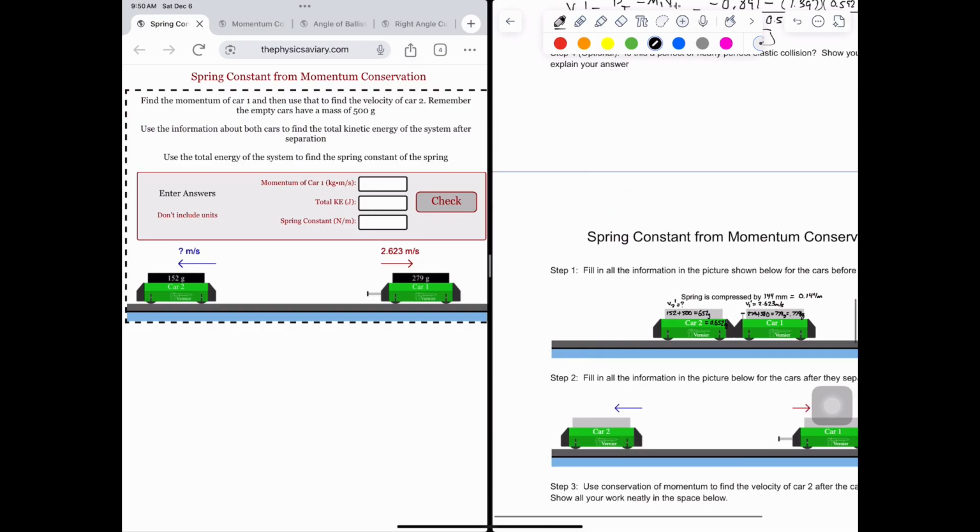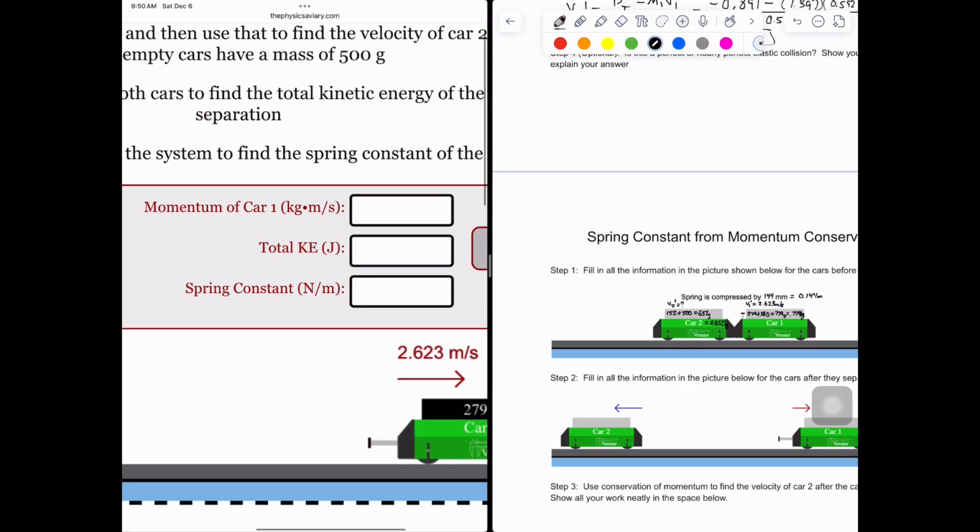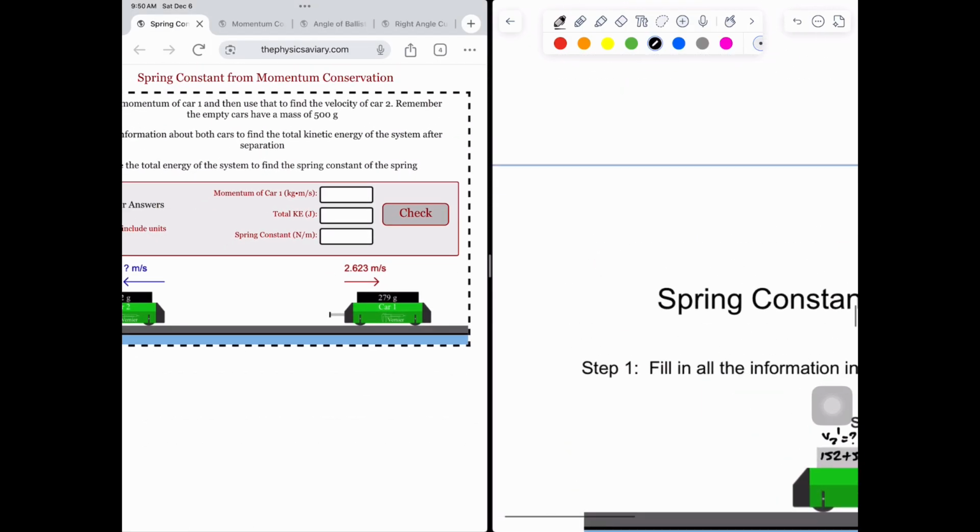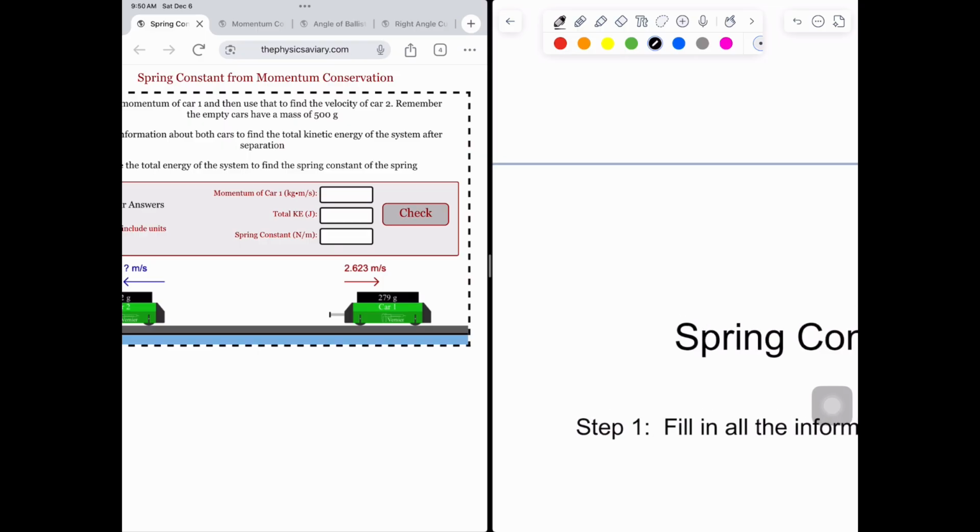So that's the first thing we have to find, okay, is the momentum of car 1 to get the momentum of car 2. So if you look at what we have to find, we have to find the total kinetic energy and the spring constant. So this is going to be essentially our path.